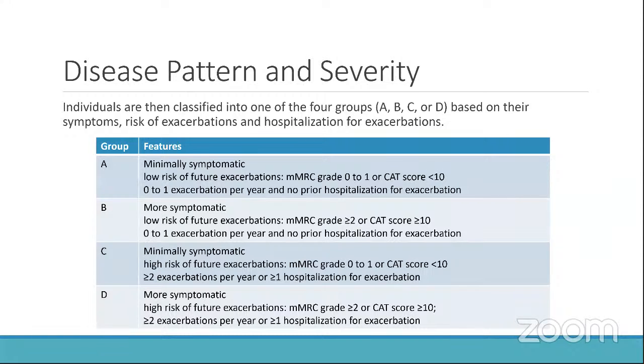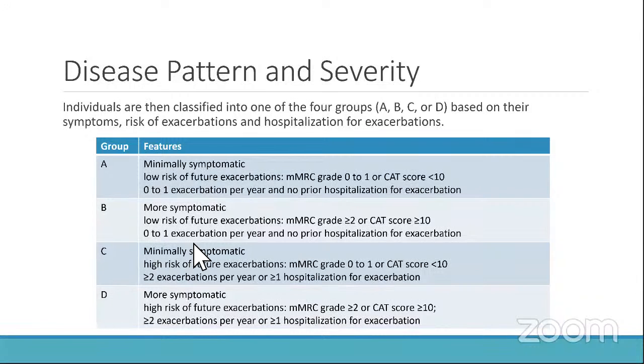B would be similar to A, except they are more symptomatic, and the MMRC grade is 2 or more with a CAT score of 10 or more. C are minimally symptomatic, however, they have an increased risk of exacerbations per year, and they may have had a previous hospitalization. And D is your more symptomatic patients with history of exacerbation or previous hospitalization.